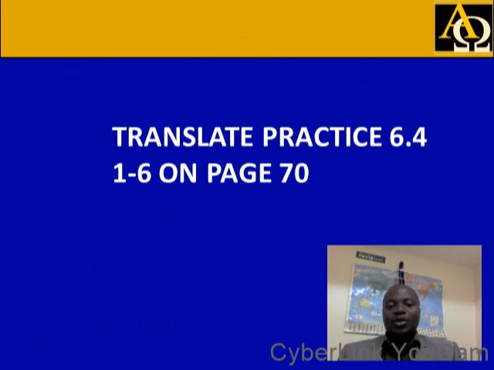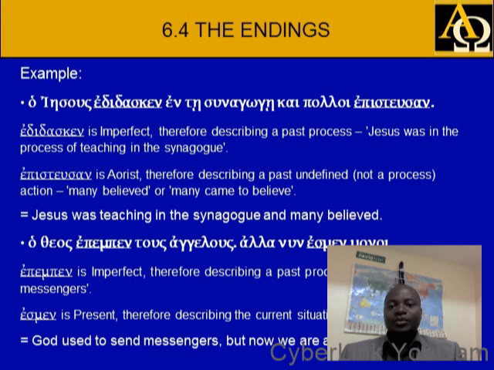Okay, so you have the practice there. You can look at it on page 70. Translate, practice the endings. Ho Iesous edidasken en te synagoge kai polloi episteusan. Edidasken is imperfect, therefore describing a past process.